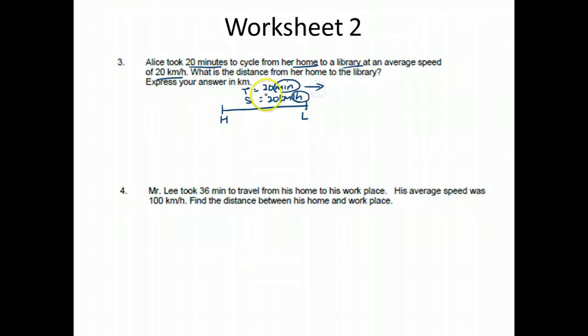So now I need to change my minute to hour. I divide by 60. So my time taken will be 20 out of 60 or 1/3 hour. So find distance. Speed times time. My speed is 20. My time is 1/3. And I will get 6 and 2/3 kilometers.